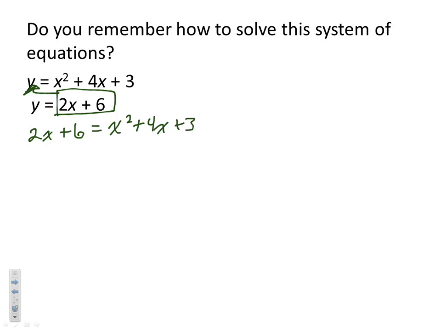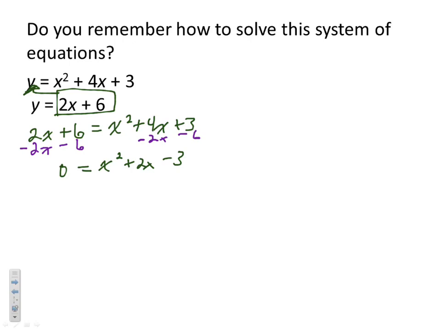Now I want to put everything on the same side. So I'm going to move the 2x to the other side and the 6 to the other side, and we do that by using the inverse operations, which is subtraction. So I subtract 2x, and I subtract 6, and we're left with 0 equals x squared plus 2x minus 3.